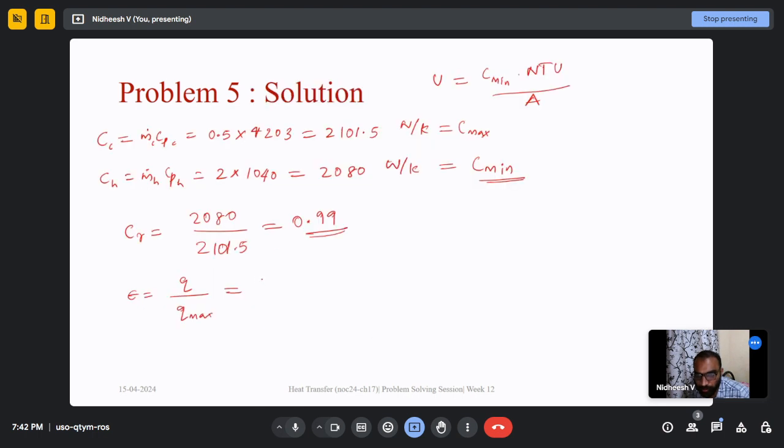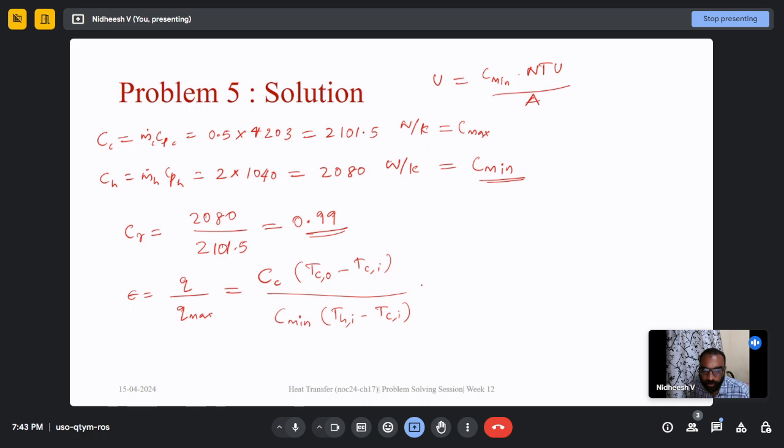That is C of cold fluid into temperature of cold fluid at the outlet minus temperature of cold fluid at the inlet. And Q max, the definition for Q max is, it is C minimum into temperature of hot fluid at the inlet minus temperature of cold fluid at the inlet.